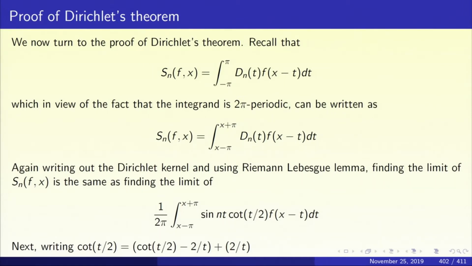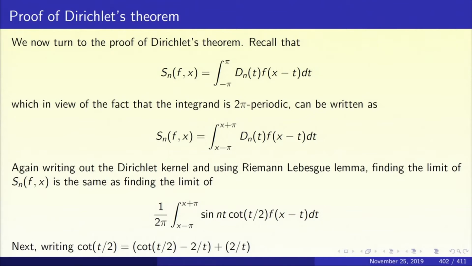I am going to extend f as a 2 pi periodic function to the entire real line and work with it. And so S_n f(x) will be equal to the integral from x minus pi to x plus pi of D_n(t) f(x minus t) dt, because I can take any interval of length 2 pi and the integrals over those will be equal.